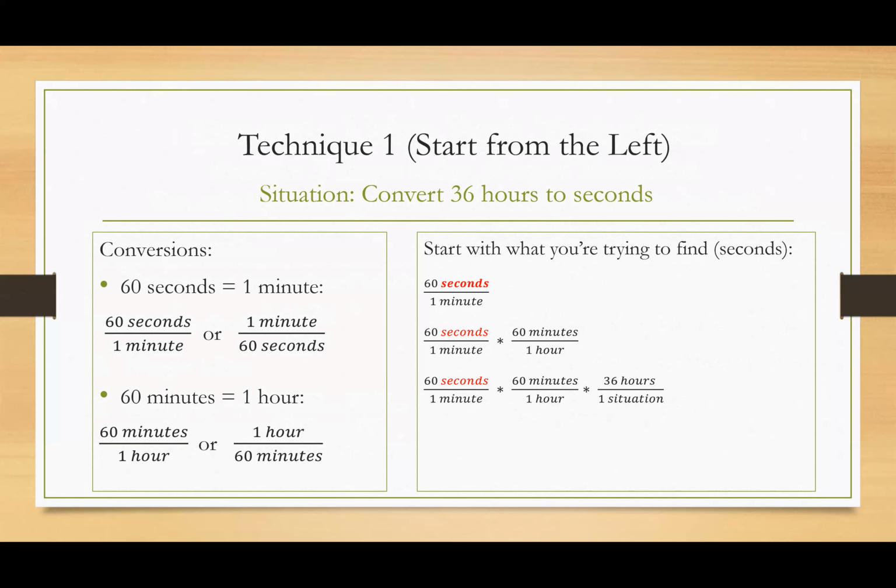The only numbers in the denominator are 1 for each denominator, so we simply have to multiply across. So 60 times 60 times 36, which gives us our final answer that 36 hours is equivalent to 129,600 seconds.